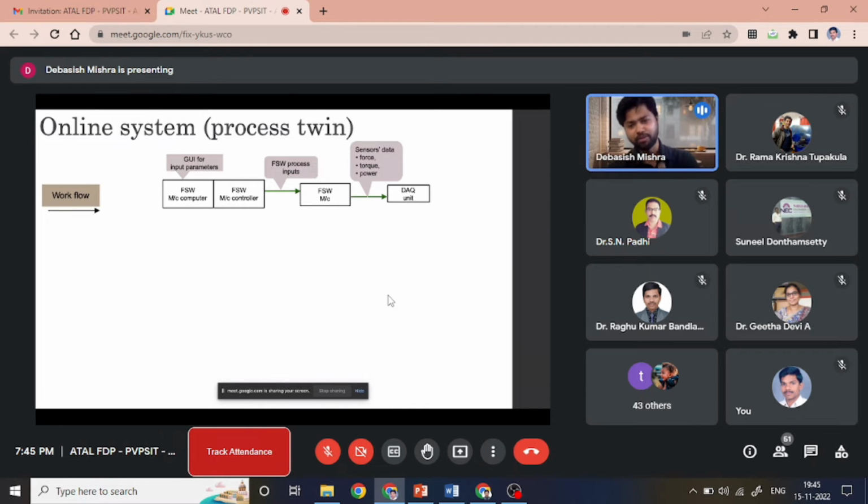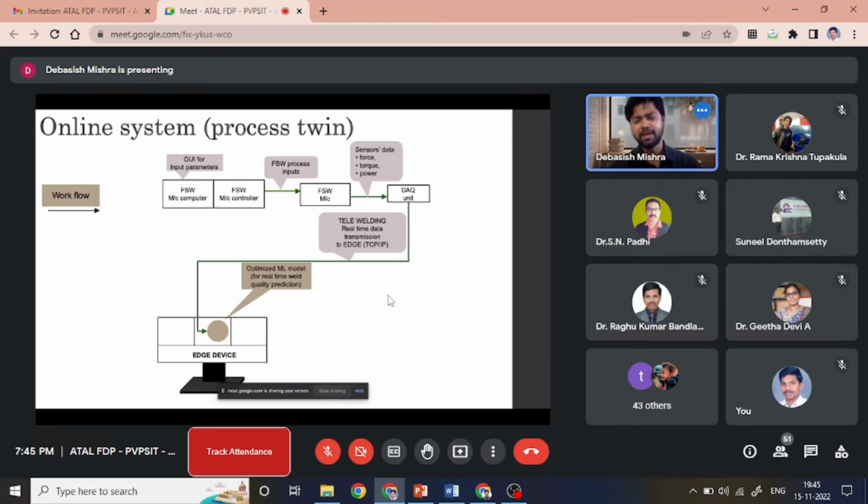With all this sensor data, we set up an edge device, and the real-time sensor data was transmitted to the edge device. Why it is called edge is because many manufacturing operations, I would say almost all, need some time-critical decisions to be made.